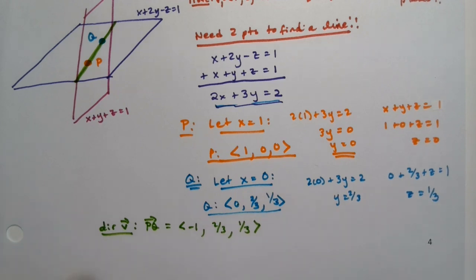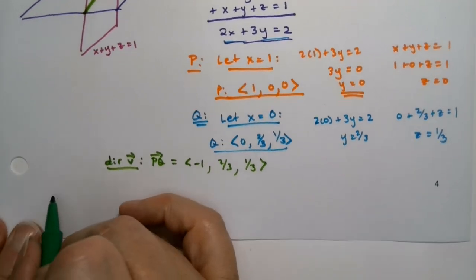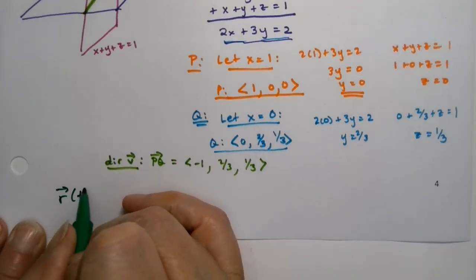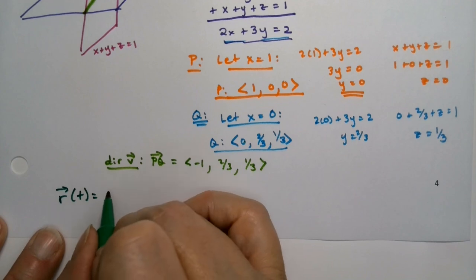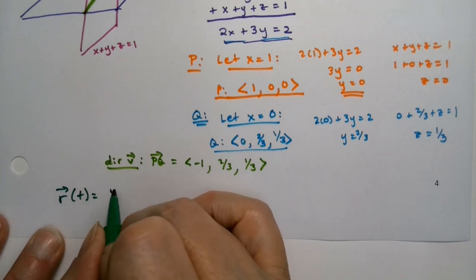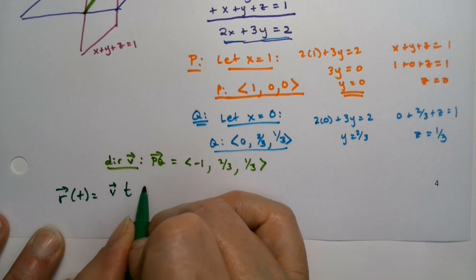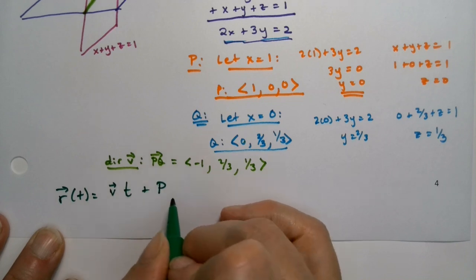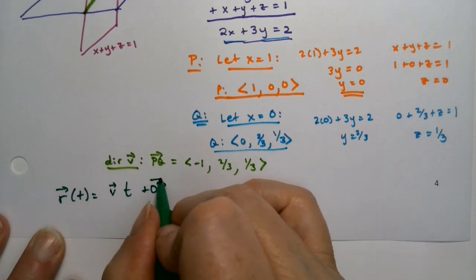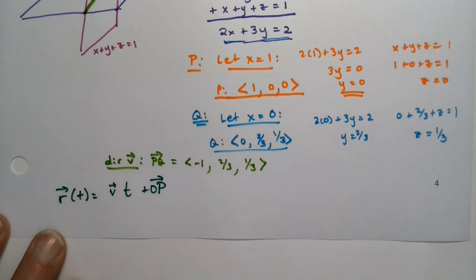And so that means that the equation of the line, remember, the equation of a line, R of t, is equal to my direction vector times t plus my point P. Well, OP, if you want to do it that way, from the origin to point P, which I did because I already turned it into a vector.